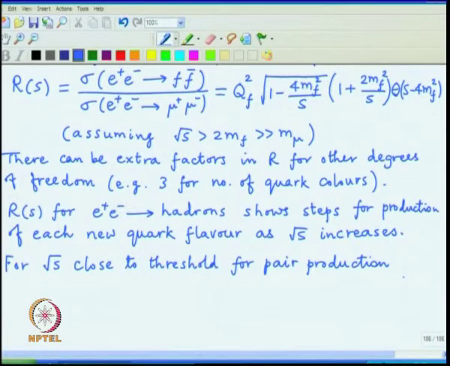And in this particular case, root s is roughly equal to 2 m mu.